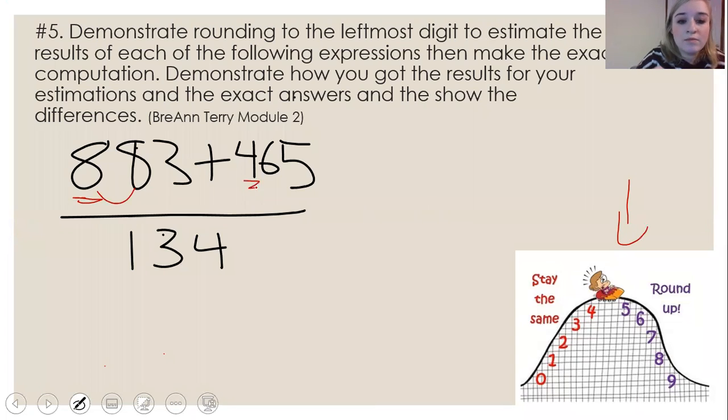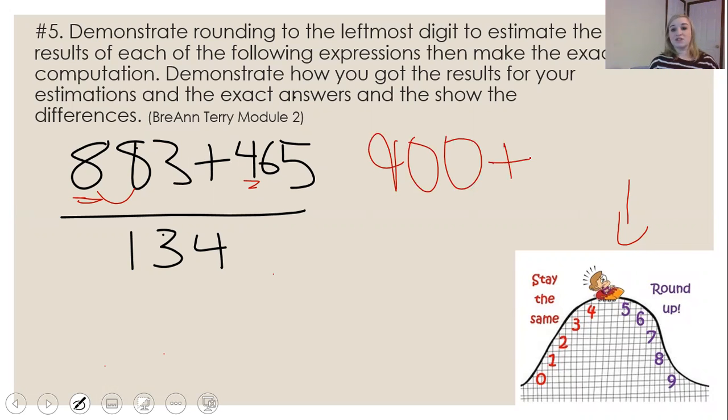And again, when we do this, we're going to be rounding to the leftmost digit. So when we look at 8, we know that 8 means round up, and 8 is closest to 10, based off of our little picture here. So 883, if we're rounding to the leftmost digit, it's going to be 900.